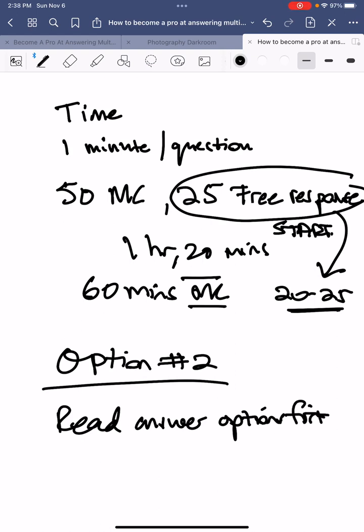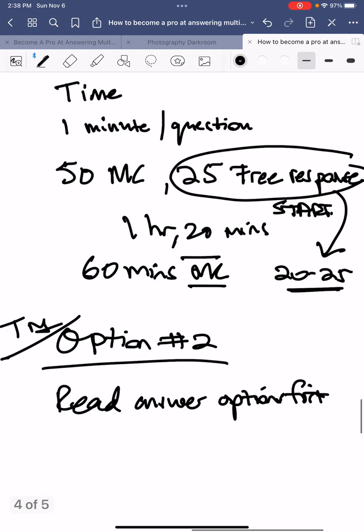The one is the opposite to the other, for example, then maybe you have to choose between those two options. So certainly if you're struggling with using the first option, then maybe try option 2 for some of the questions. But as I said, I really like the first option best.